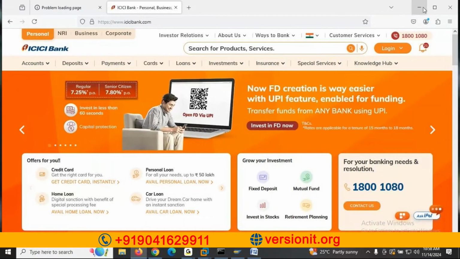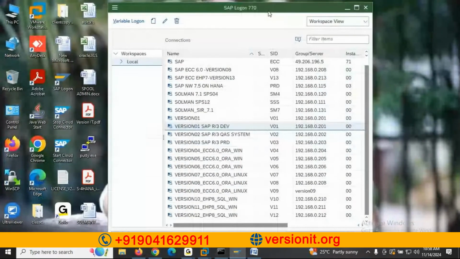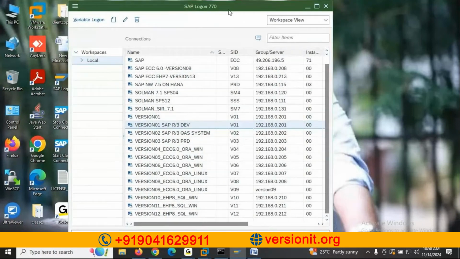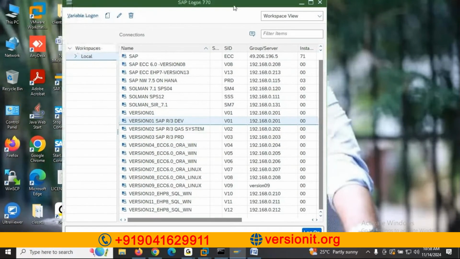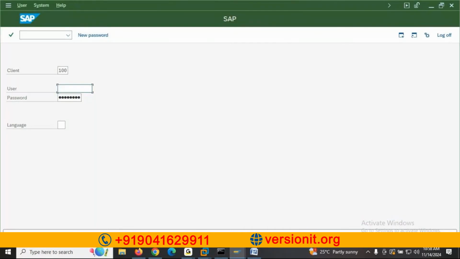But leaving this UI, SAP has given a specific presentation, the logon pad, SAP Logon. This is our GUI logon pad from where we connect to the systems. The moment I connect to the system, I get a GUI window, a graphical user interface window.